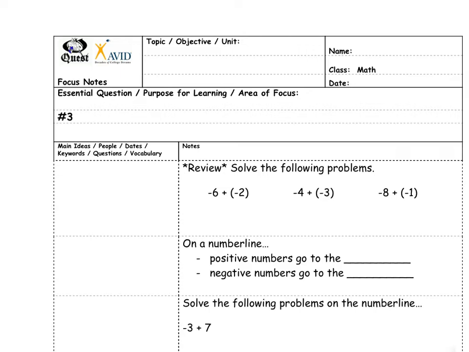So our topic is still unit 7.11, adding and subtracting integers. This is still Math 7. Hopefully you know your name and the date on which you're filling this out.